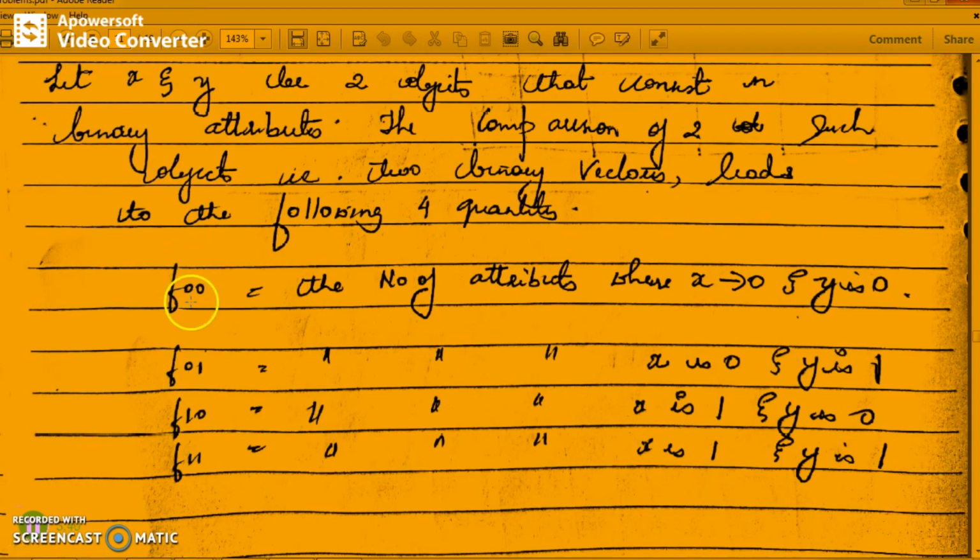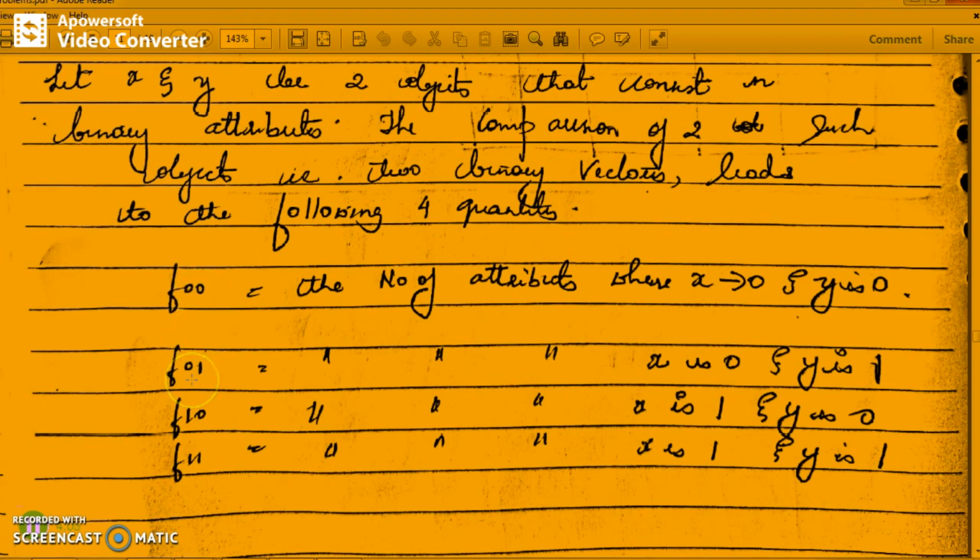So here what is f00? f00 indicates the similarity between the two objects where value of x is equal to 0 and value of y is equal to 0. In general I can write it as fxy. Here x represents 0 and here y represents again 0, the values of x and y.